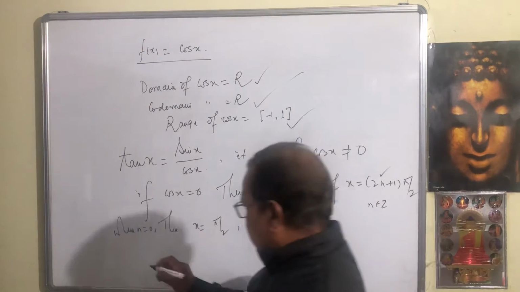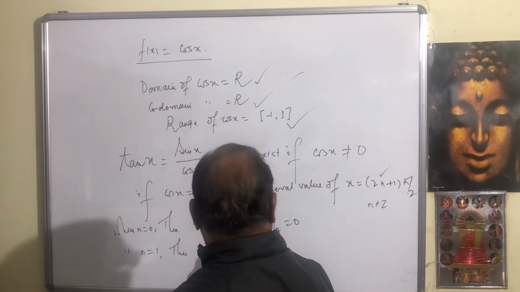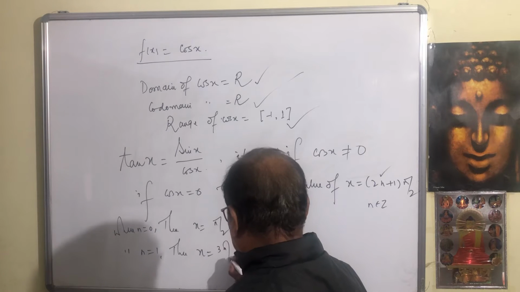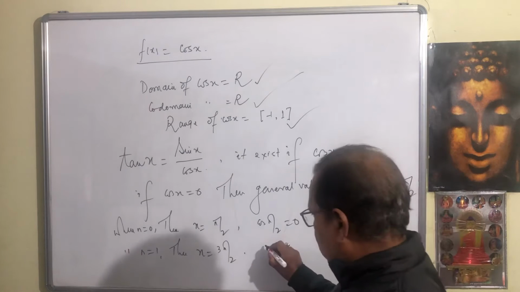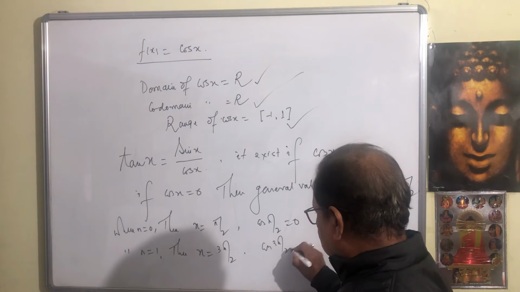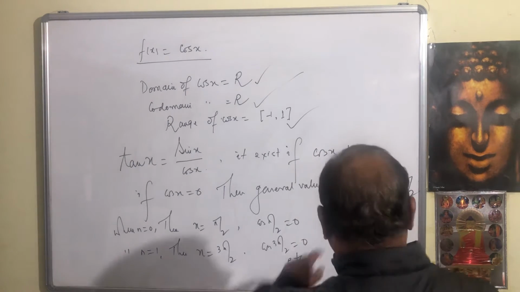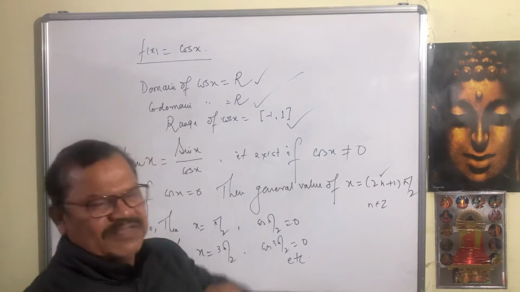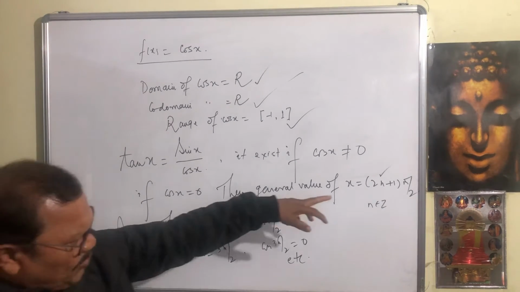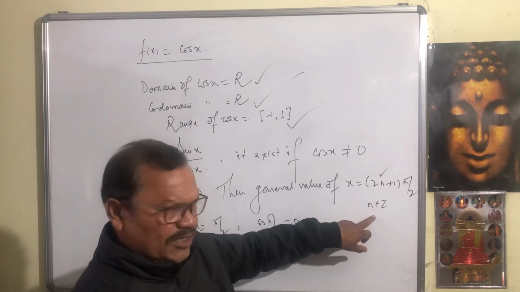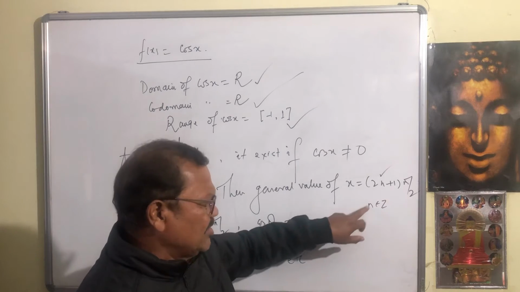Here n is an integer, n belongs to Z. Similarly, when n is 1, then x is equal to 3 pi by 2, an odd multiple of pi by 2. So cos 3 pi by 2 is equal to 0, etc. That means for every odd multiple of pi by 2, cos x vanishes. Hope it is clear now. For all n belonging to integers, cos x vanishes.